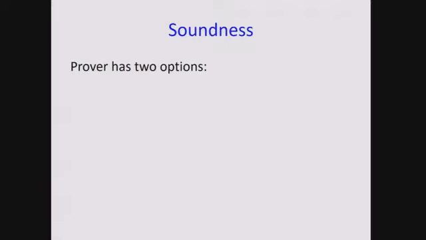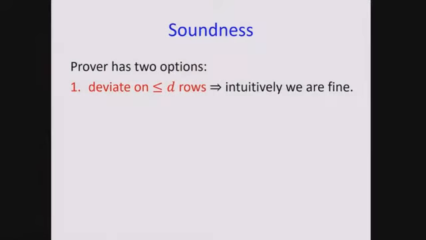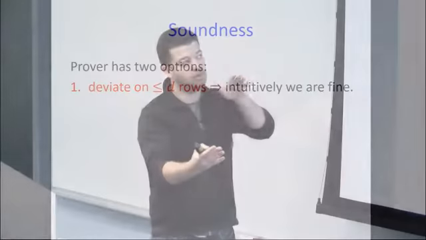Now let's think about our poor cheating prover. It has two options when it opens up this A sub Q. One thing it can do is deviate, meaning send stuff that is not consistent with the unique correct PCPs on less than d of the rows. For now, let's keep the simplifying assumption that there's only one input not in the language, but it'll be easy to get rid of that.